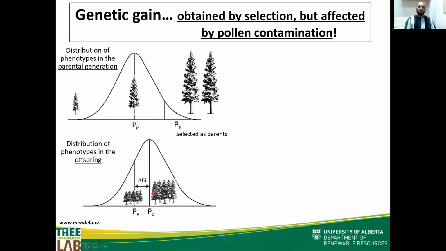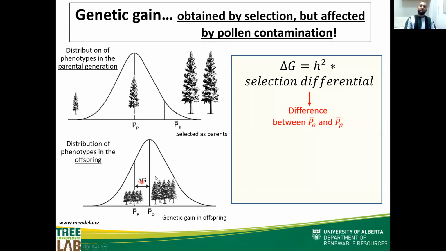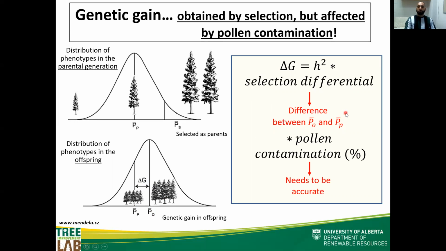The difference between the offspring and the average of the parents is called genetic gain. And the genetic gain is calculated by heritability multiplied by selection differential, which is what I explained, the difference between the average of the offspring and the average of the population of the parents.